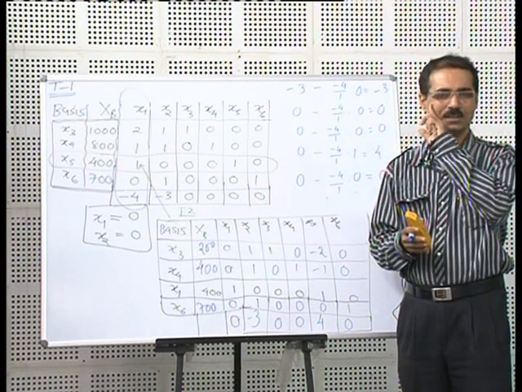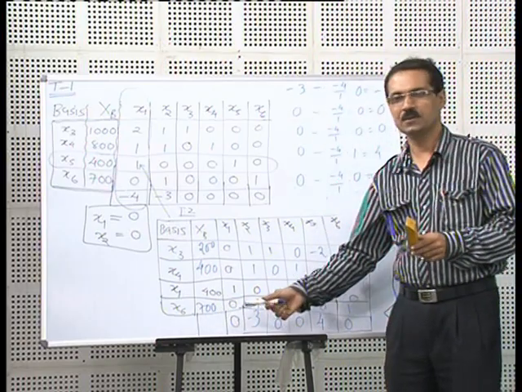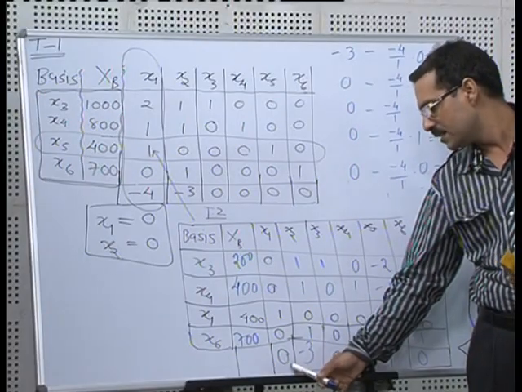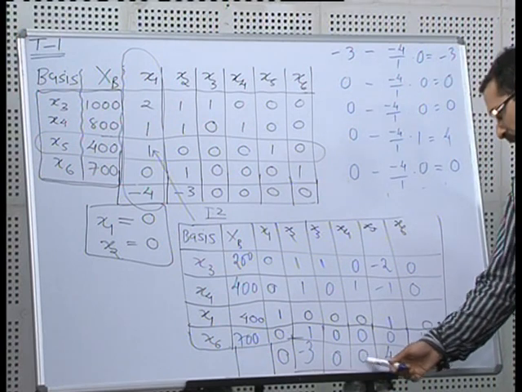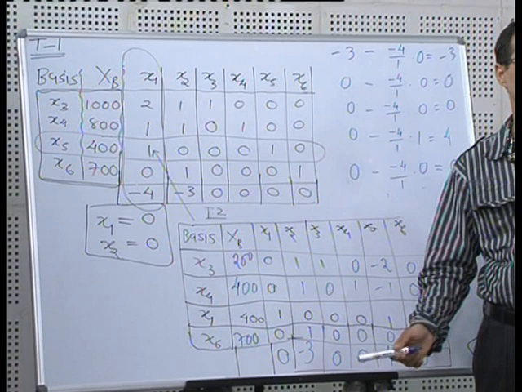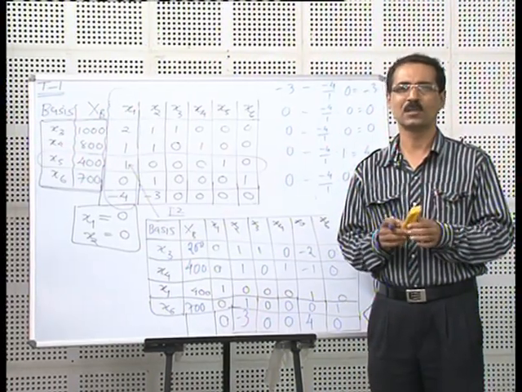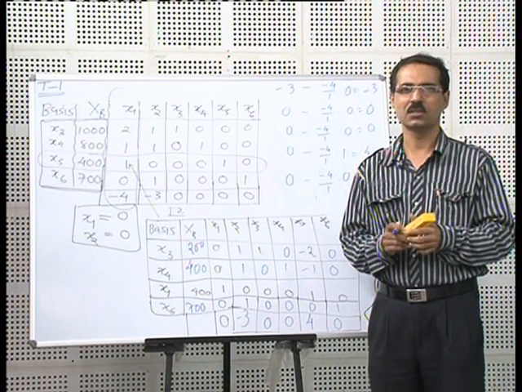It is not good, very simple, because the last row is still not a happy row. It is having 0, minus 3 and all zeros except this 4. 4 is a good number, but then again minus 3 is an issue.